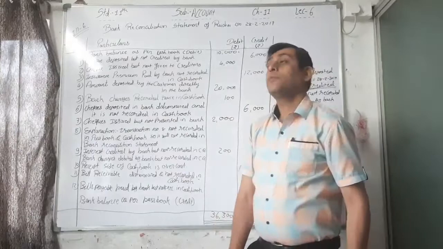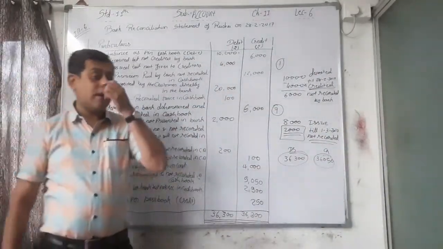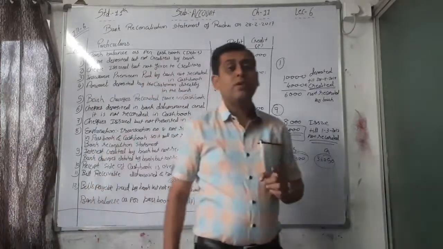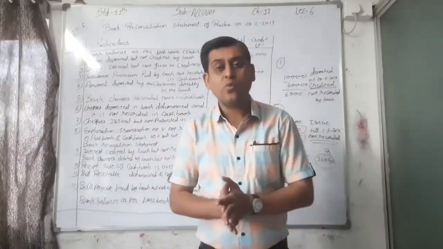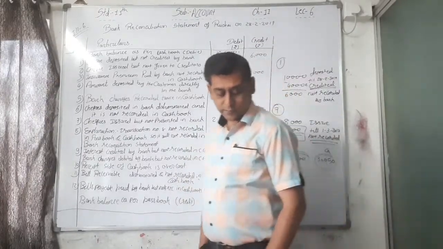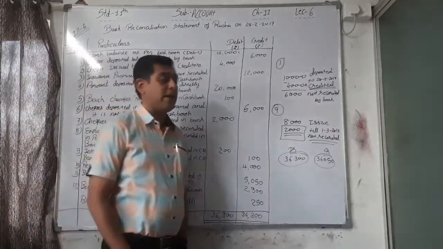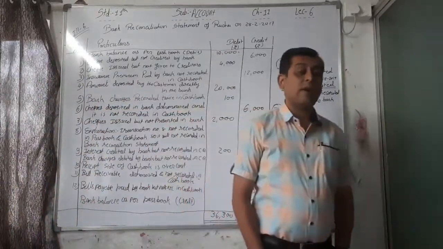So the insurance premium was paid by the bank but not recorded in the cash book. Here the bank is debited, that's why we have to credit. So write down CR, credit, near the third point. Again, insurance premium paid by bank, not recorded in cash book.